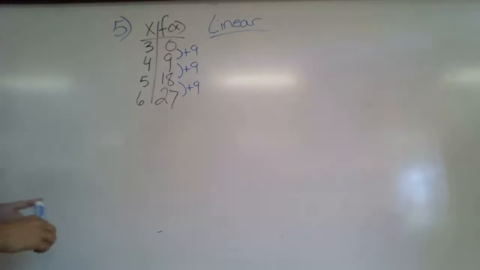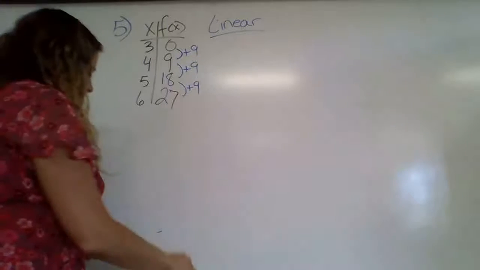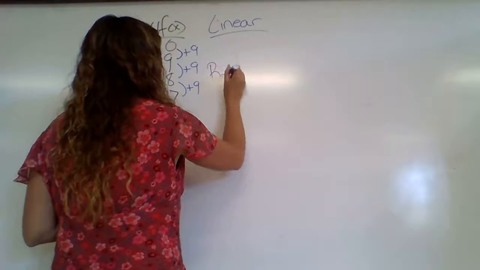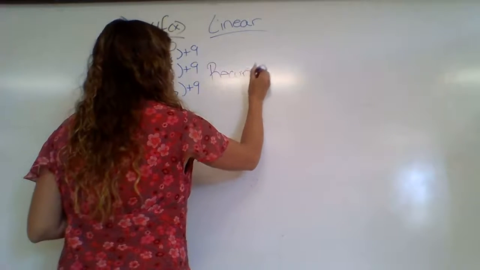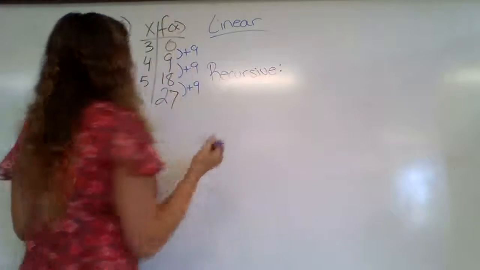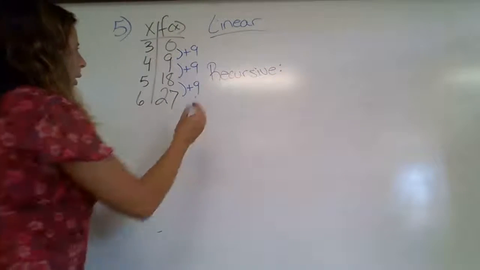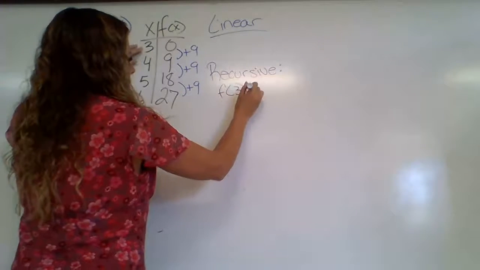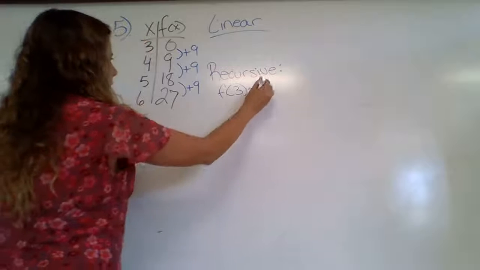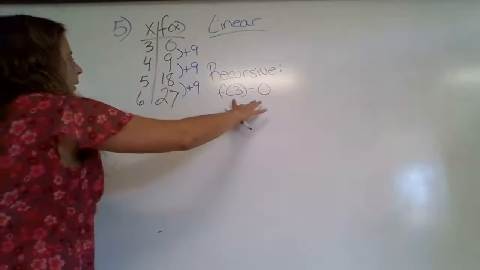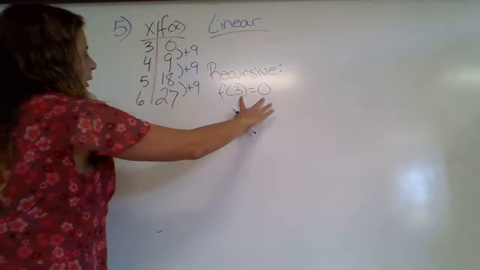Now, with only knowing this information, you can write your recursive formula. So remember, identify where you start. So when x equals 3, f of 3 equals 0. So I just take the first point they give me and fill in 3, 0.